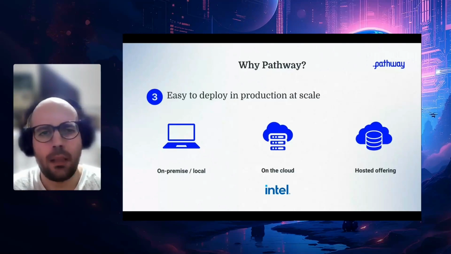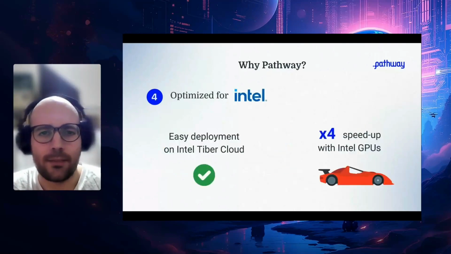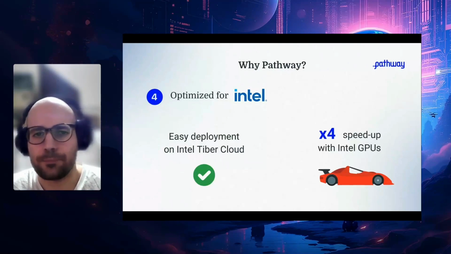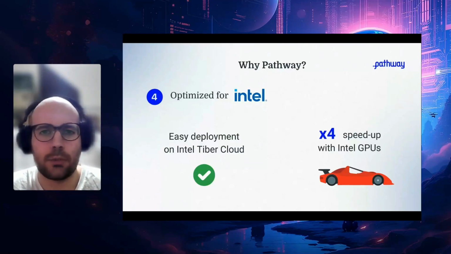And then finally, relevant for this conference, thanks to the collaboration with Intel, our pipelines were optimized on Intel hardware, and product speedup was achieved with Intel GPUs. So if you are looking for something to run on Intel private cloud, then Pathway is a very good choice.